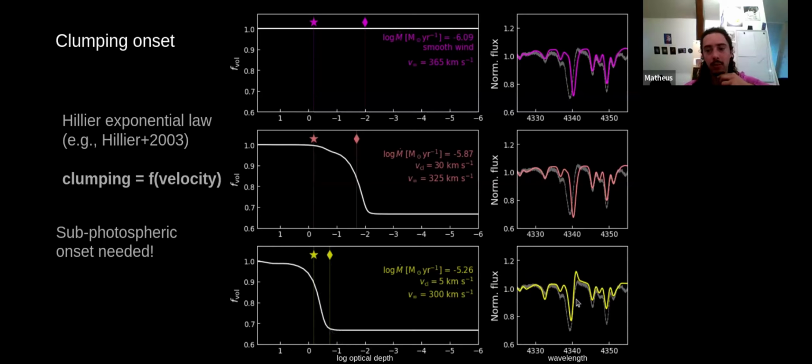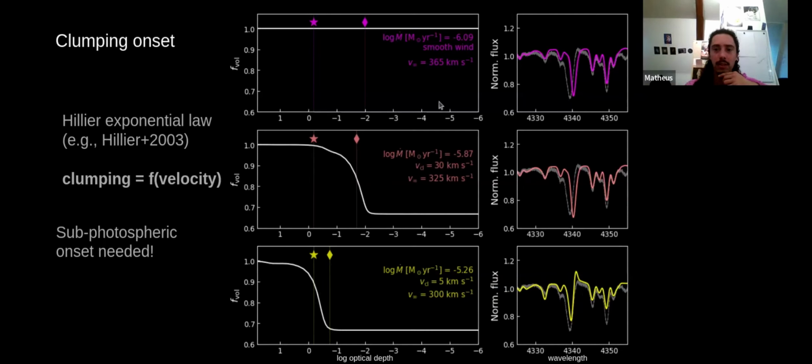And then finally we can reproduce the spectral line as a P Cygni profile. This is just one example of one line, but of course we look at many diagnostics throughout the whole spectrum.